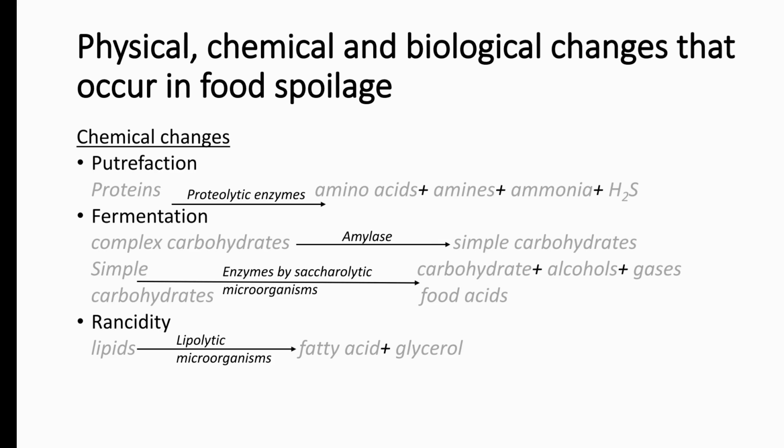During fermentation, amylase converts complex carbohydrates in food into simple carbohydrates. Then these simple carbohydrates are converted into carbohydrate food acids, alcohols and gases by enzymes secreted by saccharolytic microorganisms. In rancidity, lipids are converted into fatty acids and glycerol by lipolytic microorganisms.